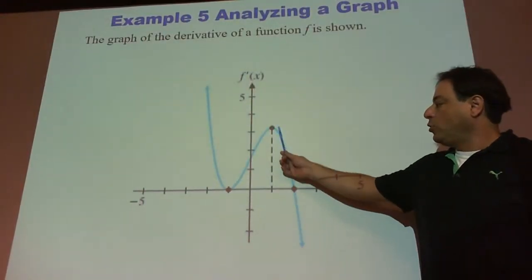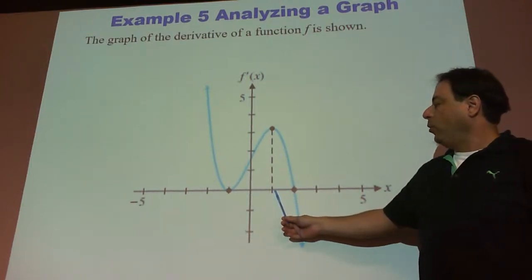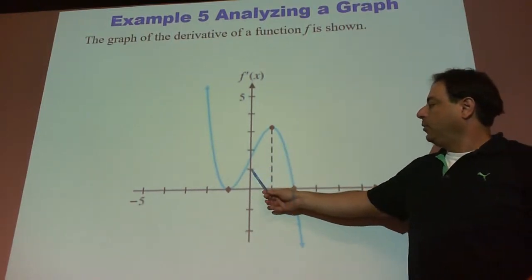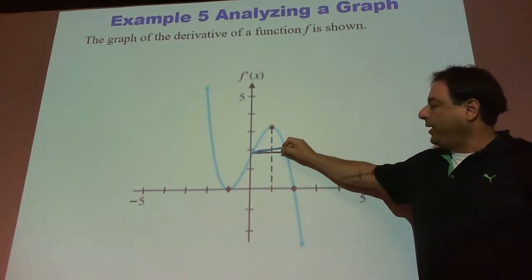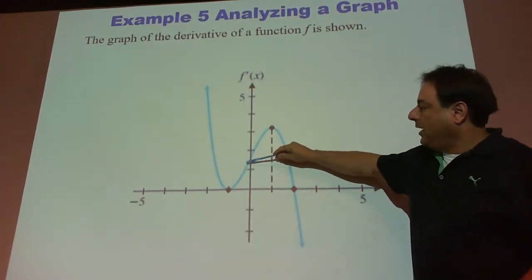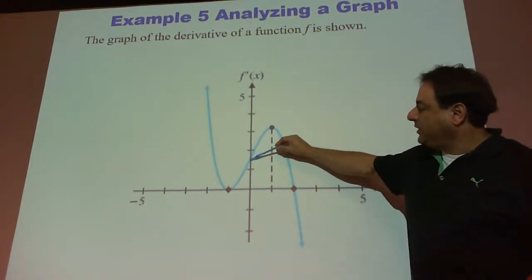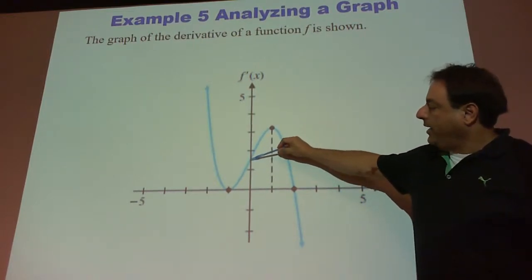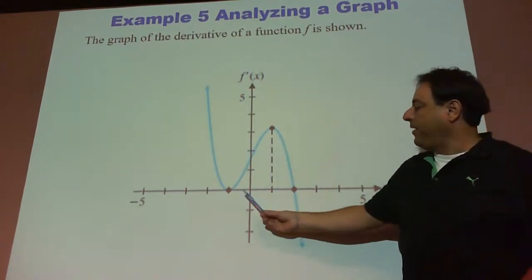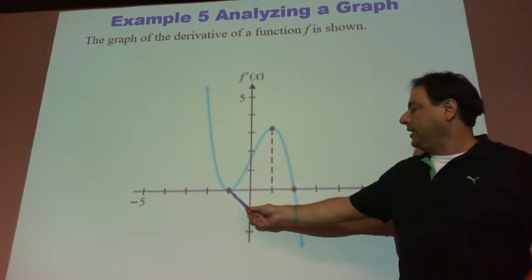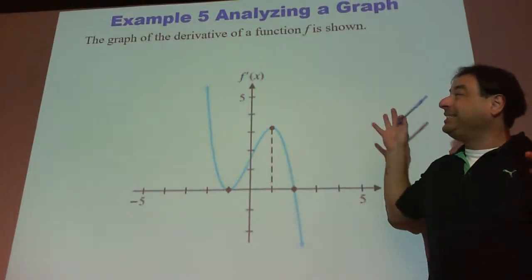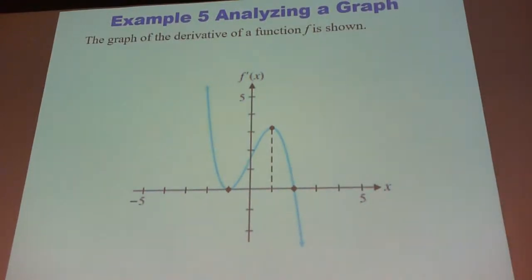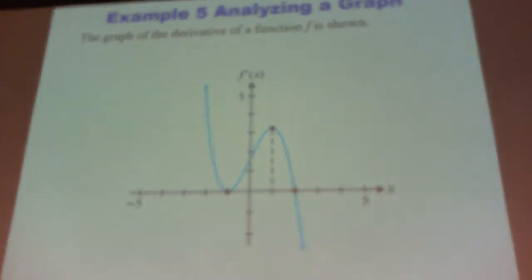We have a local max at, let's say, 1, 3. You can see that there's an inflection point where it changes from concave up to concave down somewhere, like that 1.5, 0. And we have x-intercepts at negative 1, 0 and 2, 0. So if we just have the graph, you can see everything. That's why my main message is to graph the original, and you can see it all.